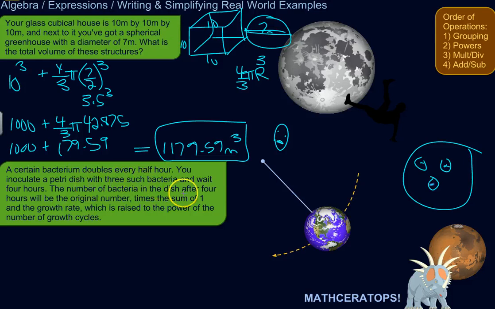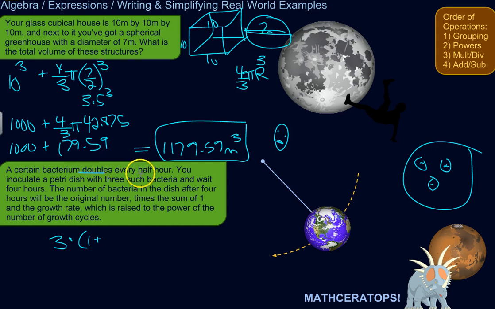Okay, the number of bacteria in the dish after 4 hours will be the original number. So we started with 3. Okay, the original number 3 times the sum of 1 and the growth rate. So we're adding 1 and the growth rate. The growth rate is how quickly it grows.